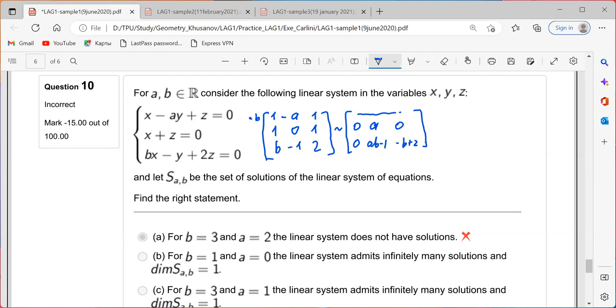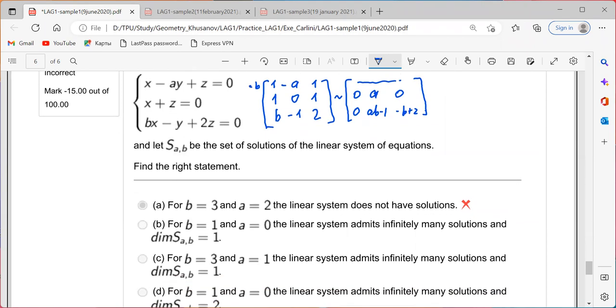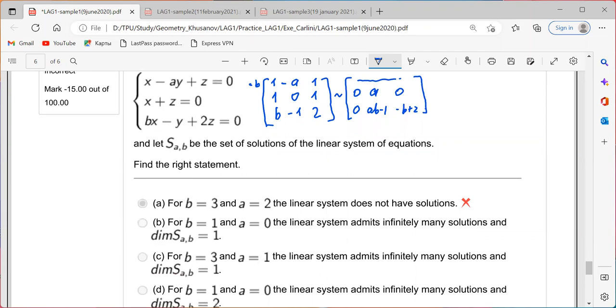So in this situation, let's check our answers one by one. B equals 3 and A equals 2.